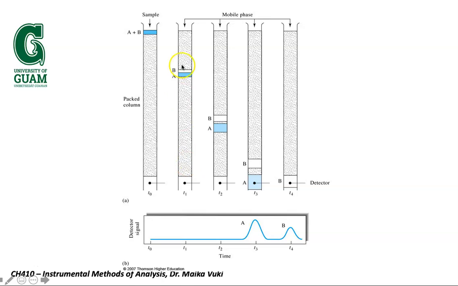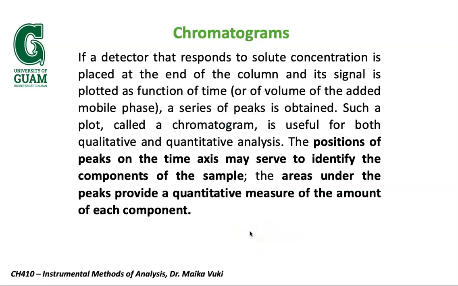The migration rate through this column is what gives rise to the separation of the components. However, one other important point is that during migration you also see broadening of these bands, resulting in peak broadening, as you see here in the final signal.